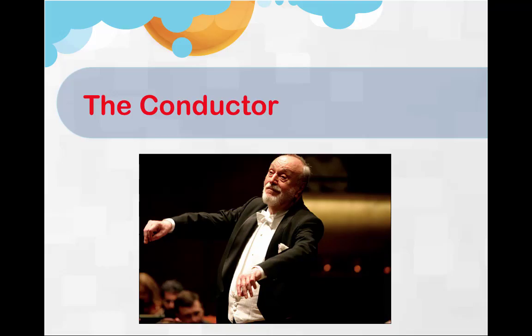By the way in which he or she moves their arms, the musicians know how to play together in time. So when you have an orchestra that has 150 or 200 musicians, it's very, very helpful to have a conductor there keeping the time for you. And many times you'll see that conductors hold a baton, a little stick, a white stick, that helps musicians focus on that one little stick that he beats in the air and keeps the time very, very clearly. All right, so that's the conductor.